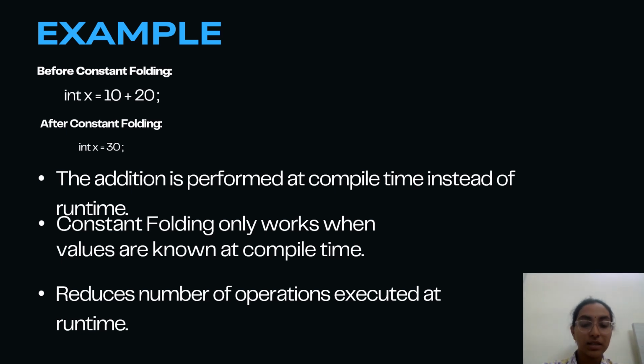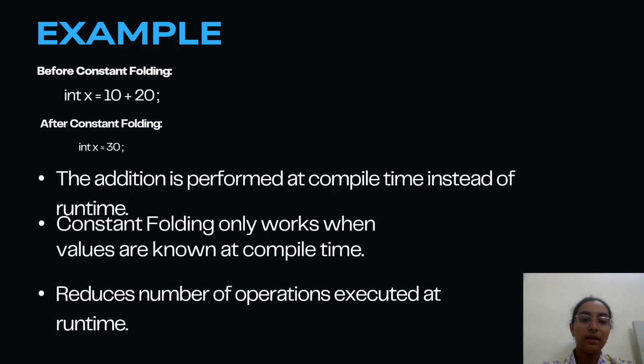Then it replaces the original expression with the computed result. This process happens during the optimization phase, before the program is executed. So, effectively, some part of the computation is shifted from runtime to compile time, saving a lot of time and memory usage.